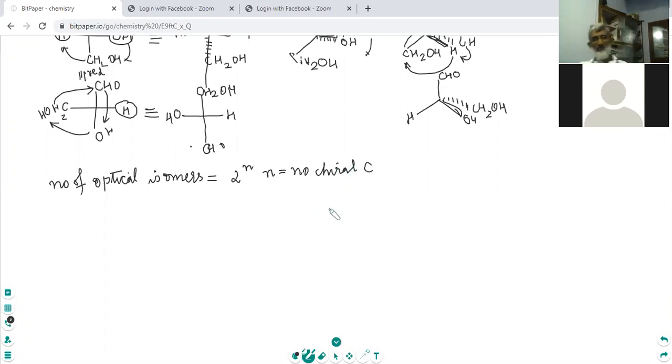So if you have two chiral carbons, there will be 4 isomers. If you have 3 chiral carbons, 2 power 3, 8 isomers. If you have 4 chiral carbons, 2 power 4, 16.